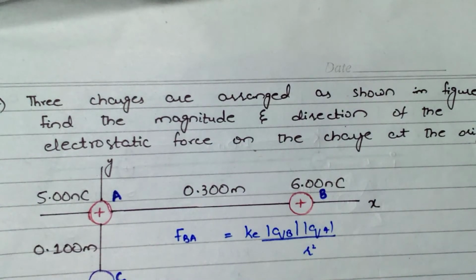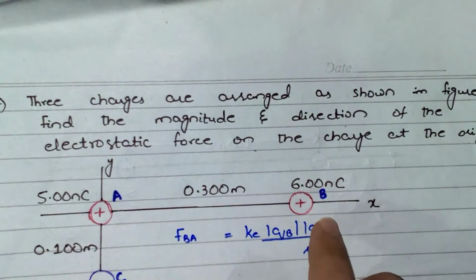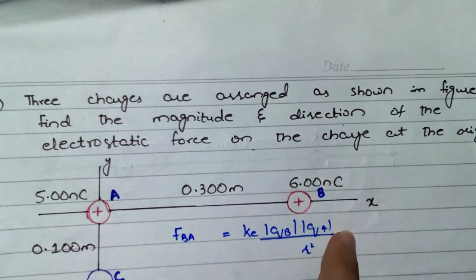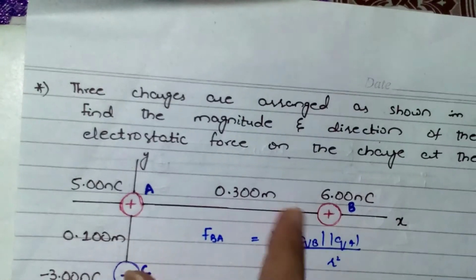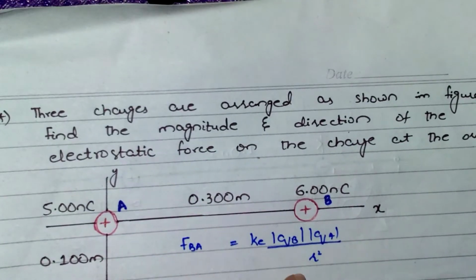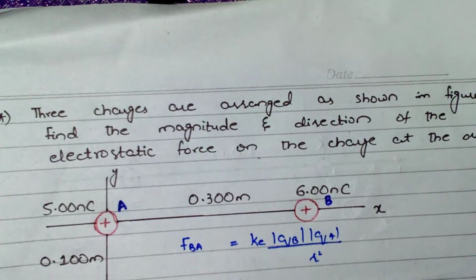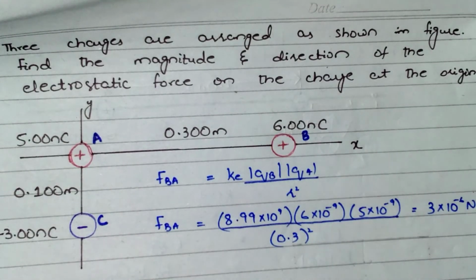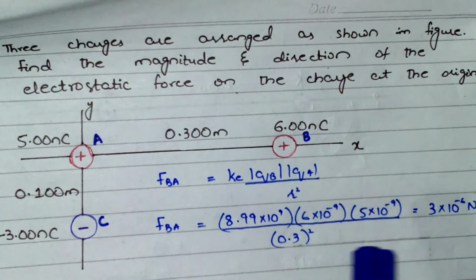Now everything is known: we know the magnitude of charge B, that is QB, the magnitude of charge A, that is QA, the distance between the two charges, that is 0.3 meter, and K is the constant, that is 8.9 exponent 9. We need to substitute these values in standard units and calculate FBA. After substituting, we get FBA is 3 exponent minus 6 Newton.